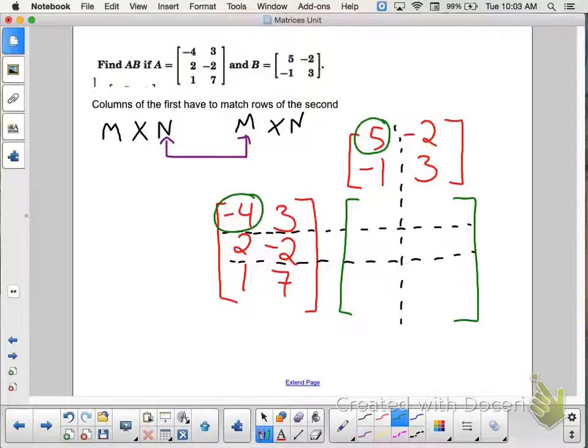What you do first is take the outside and the top and the left, and multiply those together. So 5 times negative 4, negative 20. Now you go to the bottom one and then the far right one, and you match those up. 3 and negative 1. 3 times negative 1 is negative 3.